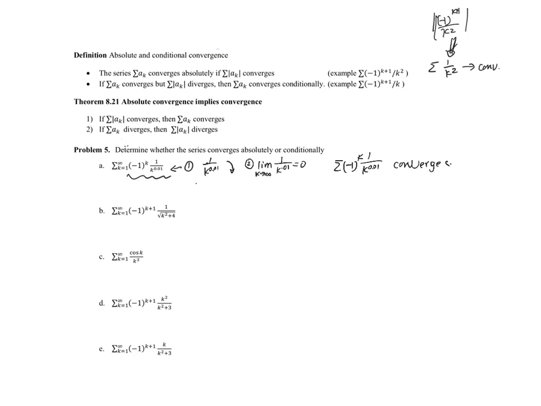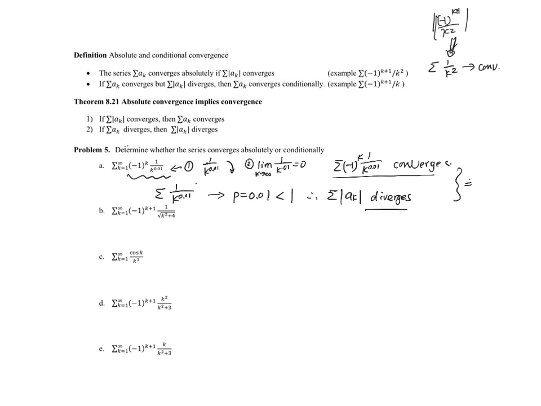Okay. But now if you look at its absolute value, so summation absolute value of that, which means just 1 over k to the power 0.01, this guy is p series with p being 0.01, which is less than 1. Therefore its summation absolute value diverges, but itself converges.